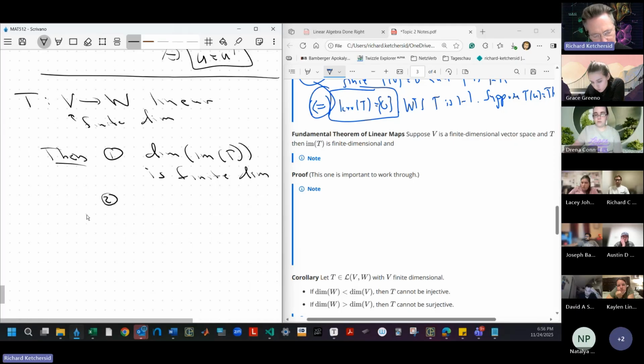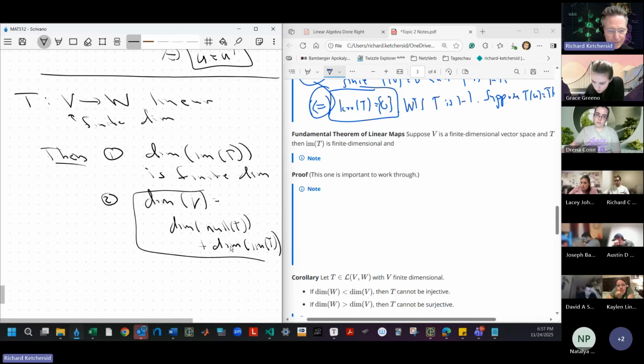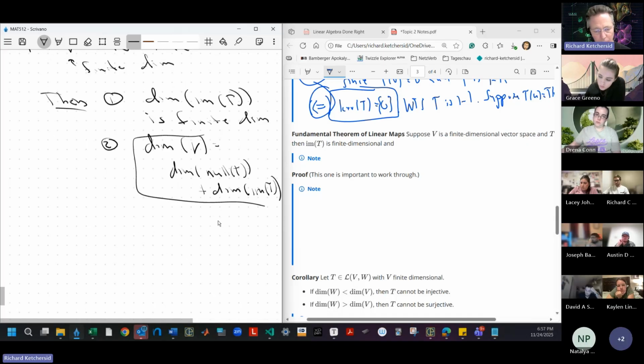And 2: the dimension of V is equal to the dimension of the null space plus the dimension of the image. So that's the theorem. How do you prove this?